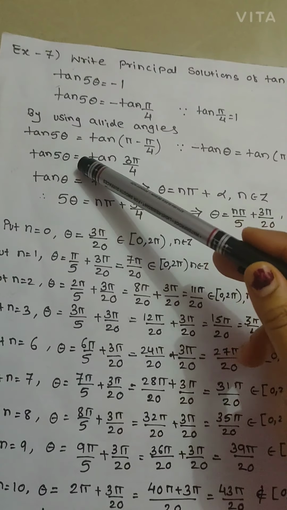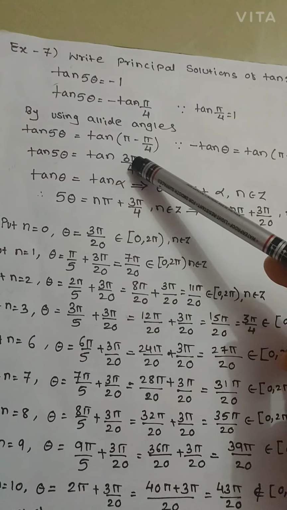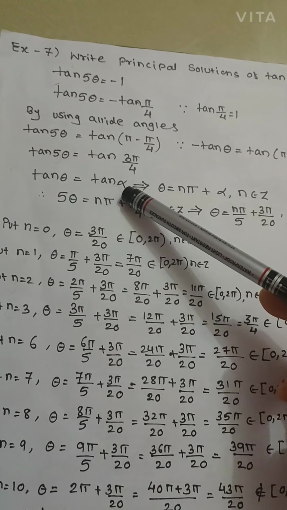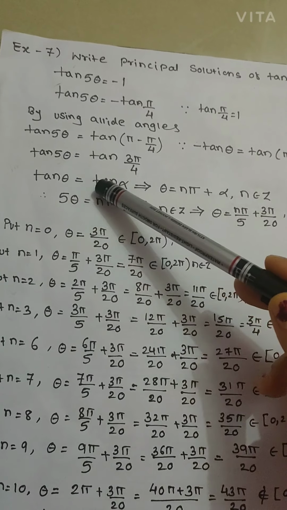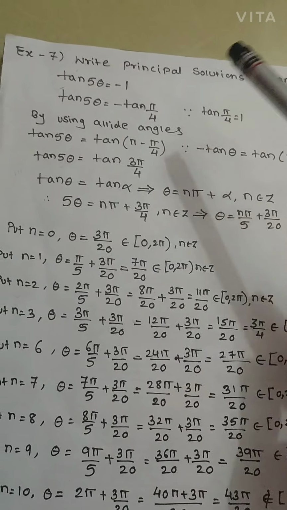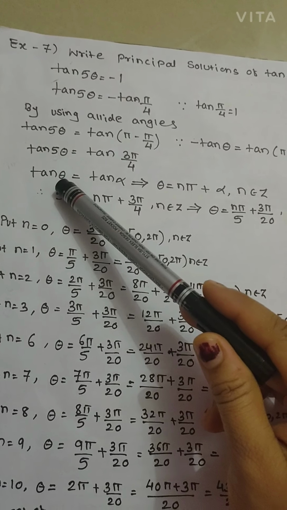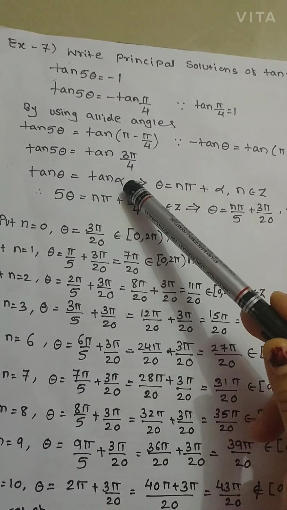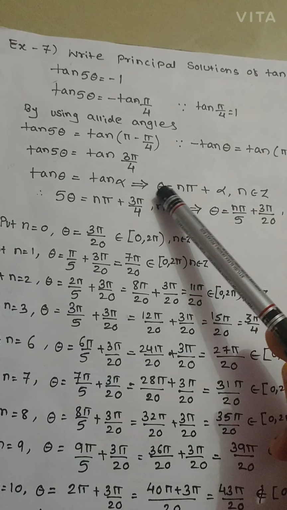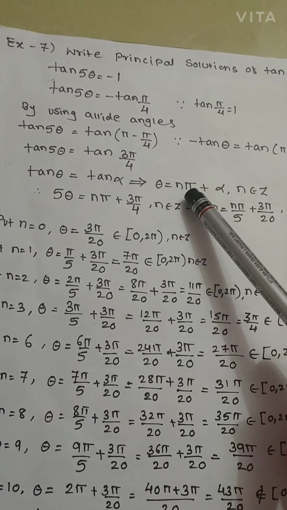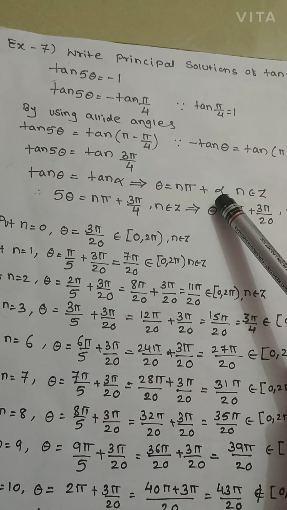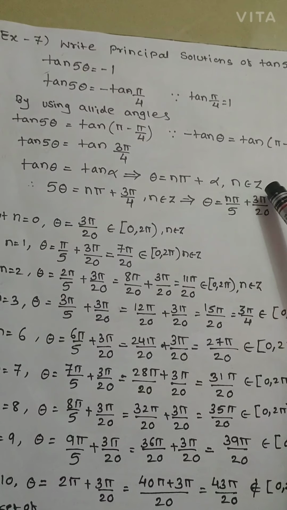Now tan theta is equal to tan 3 pi by 4. Here if you have the general solution like this, tan theta is equal to tan alpha, then this implies that theta is equal to n pi plus alpha, where n belongs to Z.